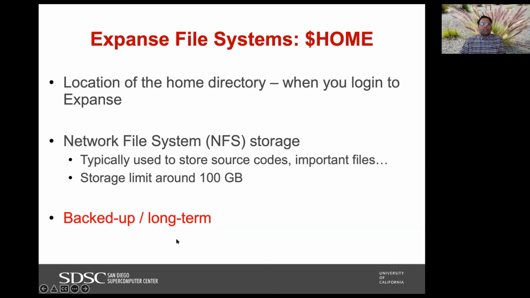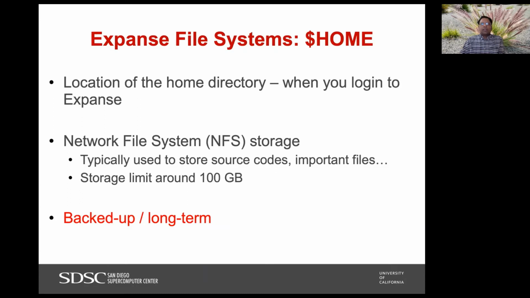This is backed up in the sense we have snapshots. So, again, anything critical, my suggestion for users is to have offsite copies, multiple copies if possible, because yes, these file systems have redundancies and have snapshots, but things can go wrong.